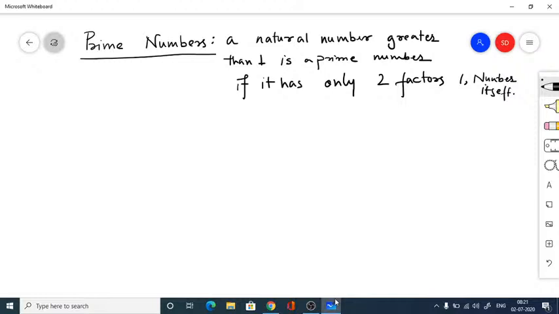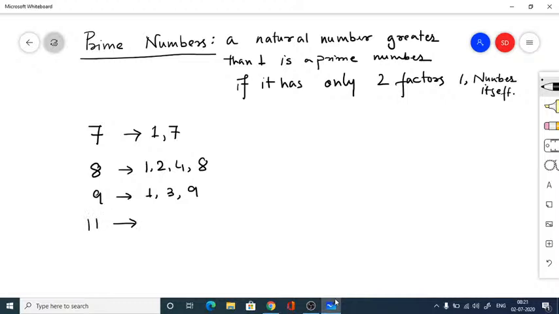They are prime numbers. Like we learnt about 7. What are the factors of 7 we learned? 1 and 7 only. It does not have any factors in between 1 and 7. But 8 we learnt has 1, 2, 4 and 8. Let's see 9. 9 will have 1, 3 and 9. 11 will have no factors, only 1 and 11 itself.